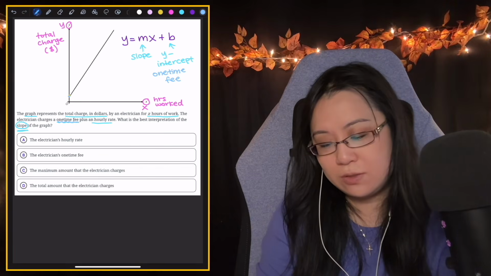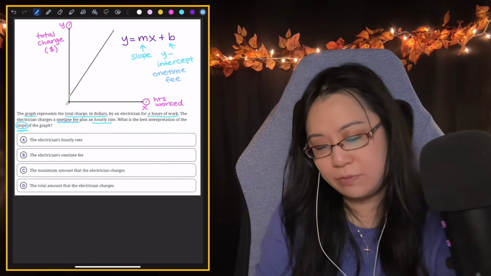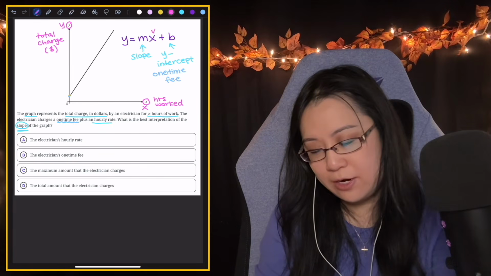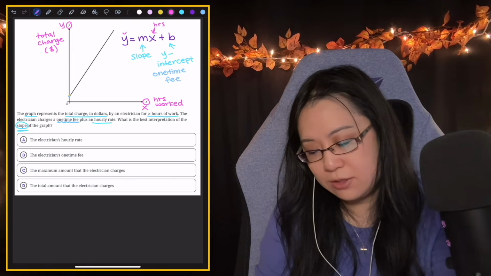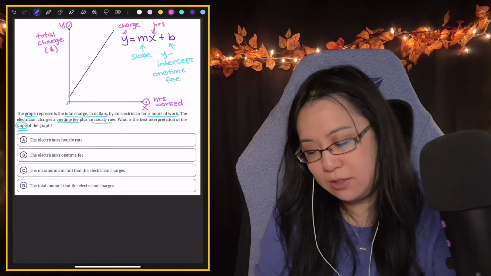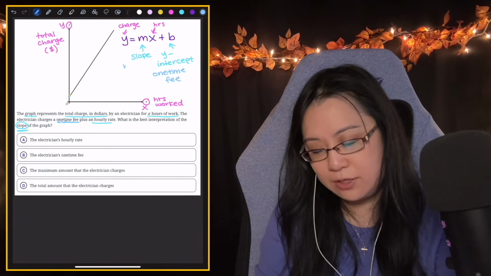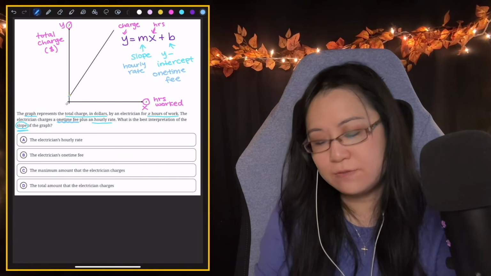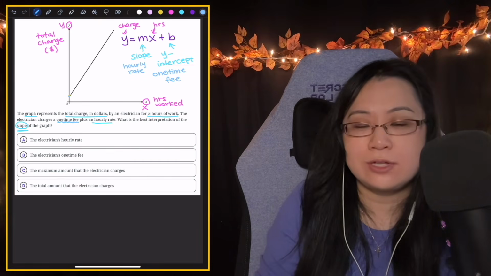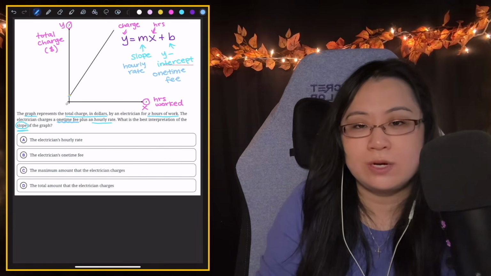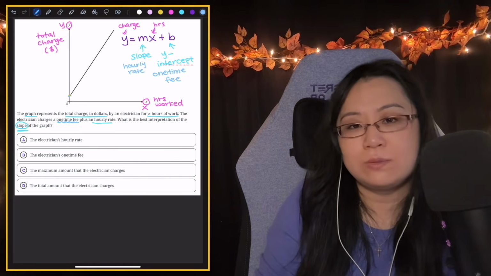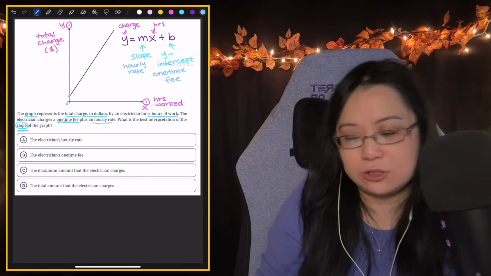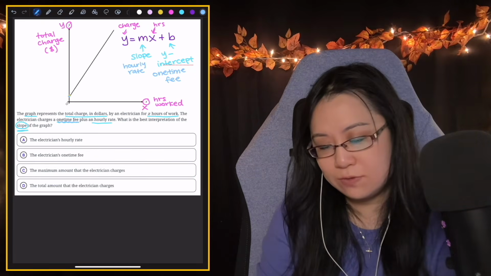So then how do we interpret this slope? x is still our hours, and y is still our charge. So this is basically our hourly rate. What that means is for every additional hour of work, or for 1 hour worked, how much does this electrician charge? So it's like a rise over run question.